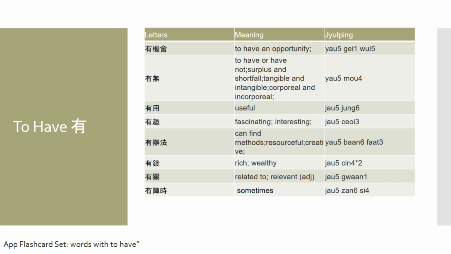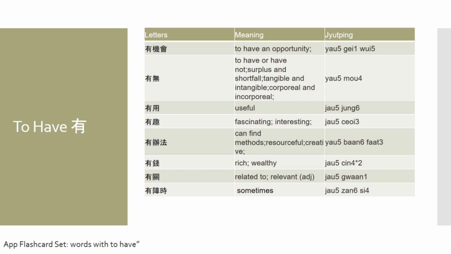Now, if I want to say that I have an idea or being resourceful, I could say 有辦法,有辦法. So, for example, if I would say I have an idea, then I could say 我有辦法,我有辦法.